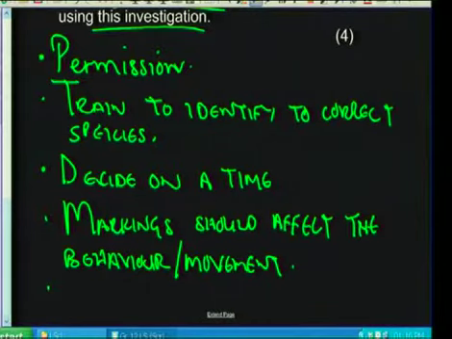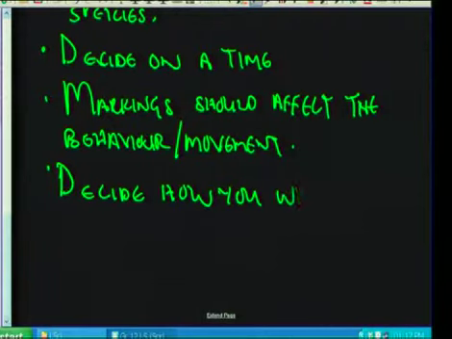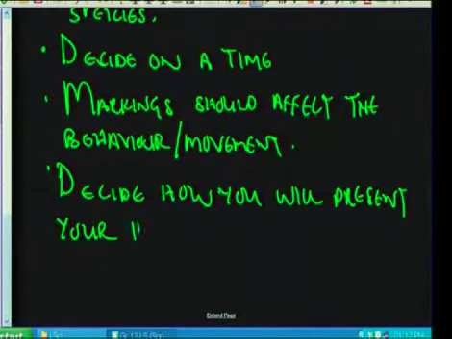Okay, which simply means that they should be able to integrate with the rest of the population very well. Okay, you should decide before you start how you will present your information. That's very important for you to be able to present that information.